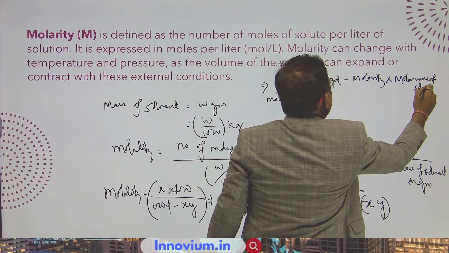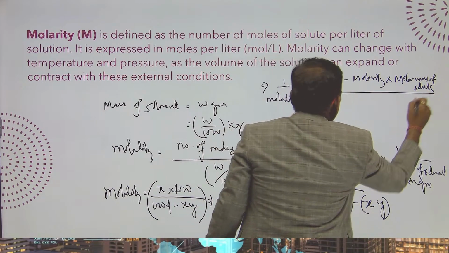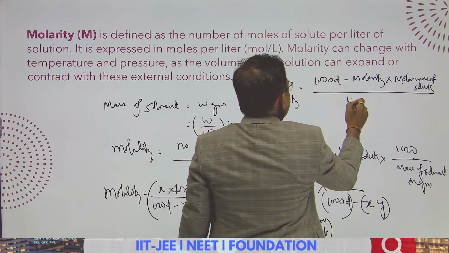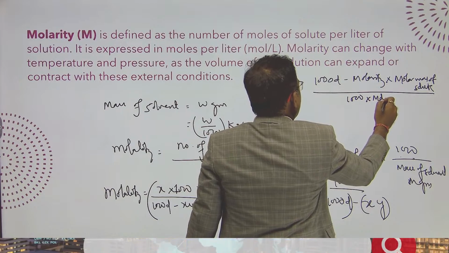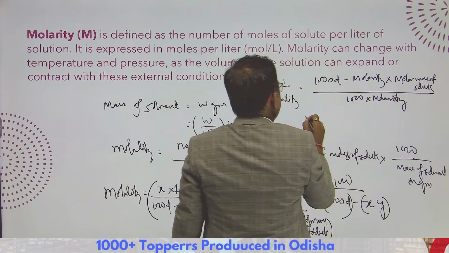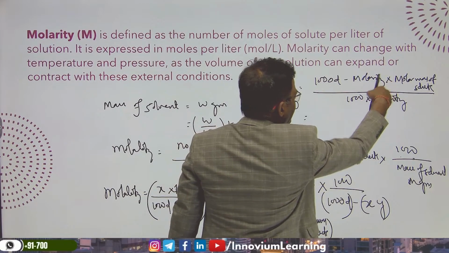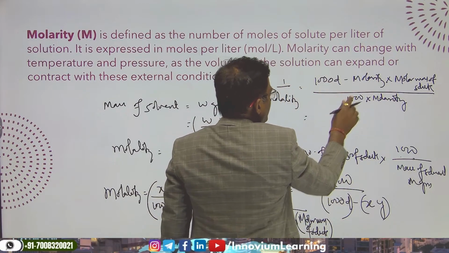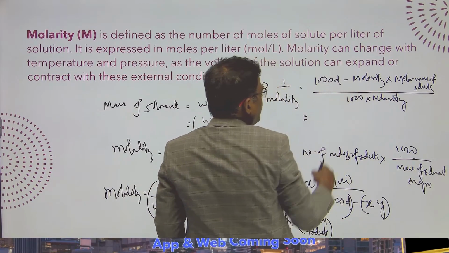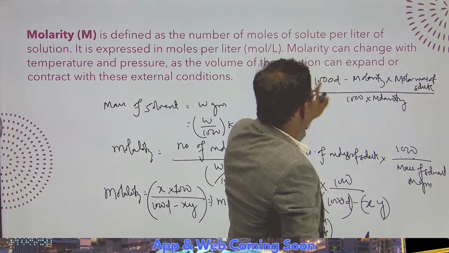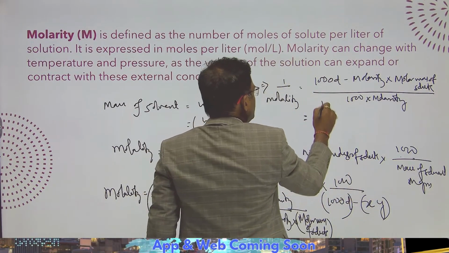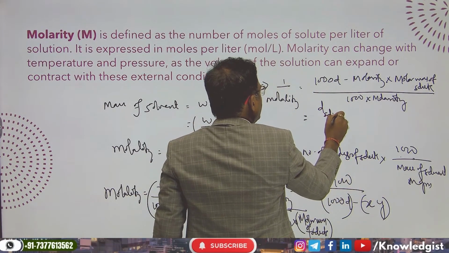Mass of solute upon 1000 into molarity. Now this one, 1000 D by this minus this by this. So if you consider the 1000 D by this, then 1000 will be cancelled. So this becomes density of solution.